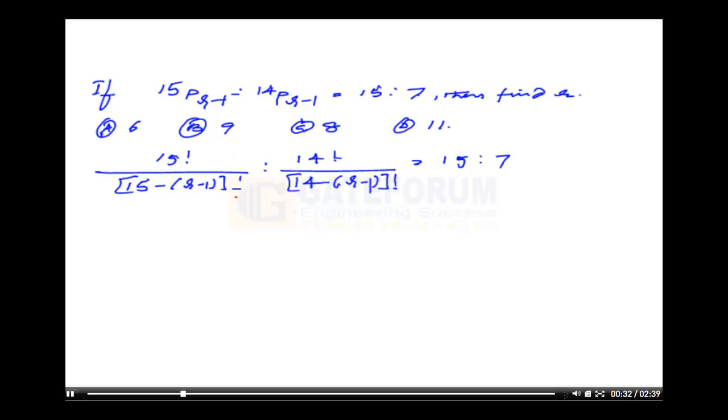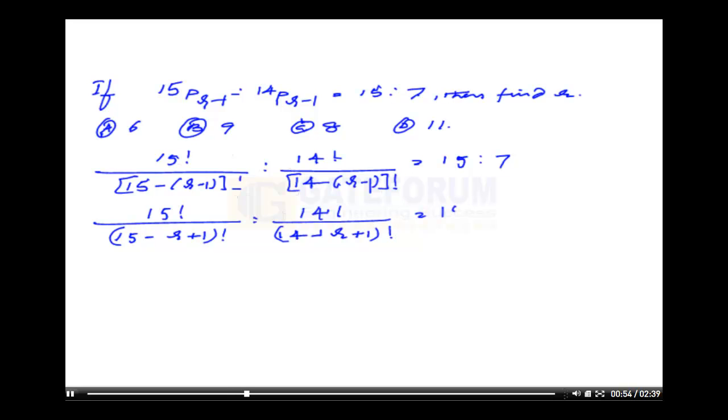Now 15 factorial by 15 minus r plus 1 factorial, 14 factorial by 14 minus r plus 1 factorial equivalent to 15 is to 7.